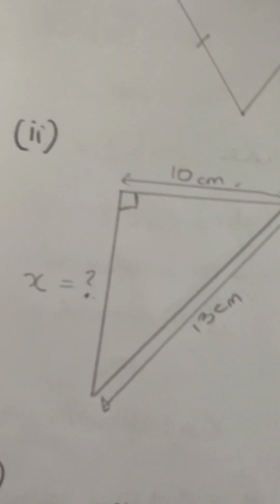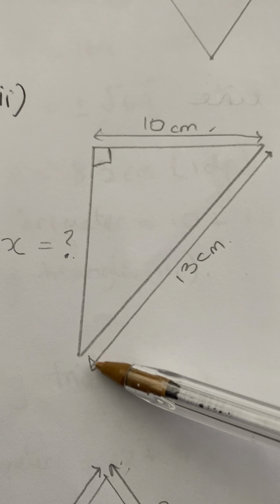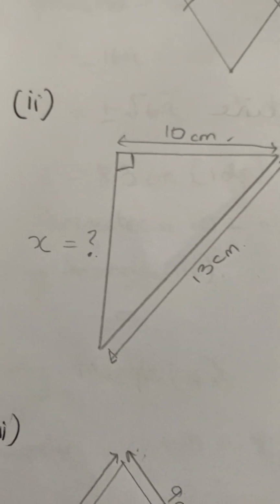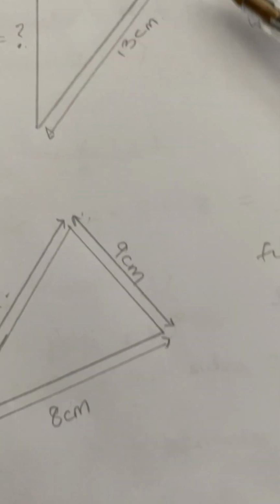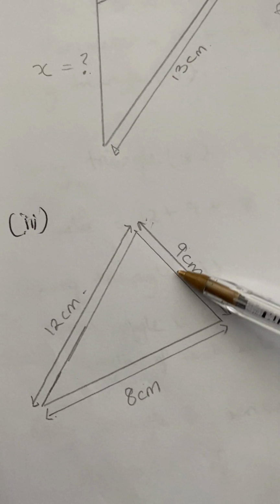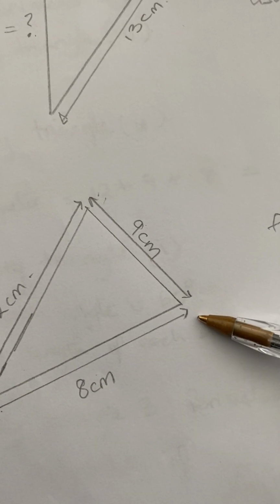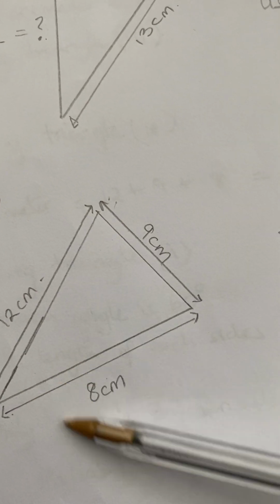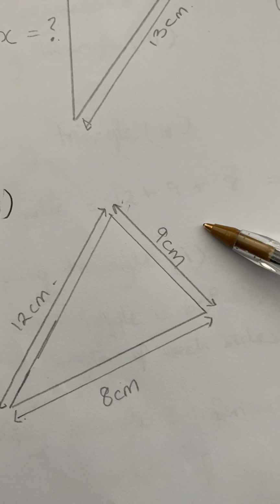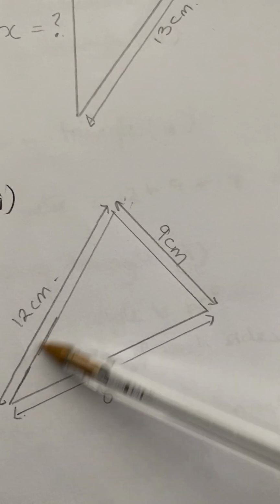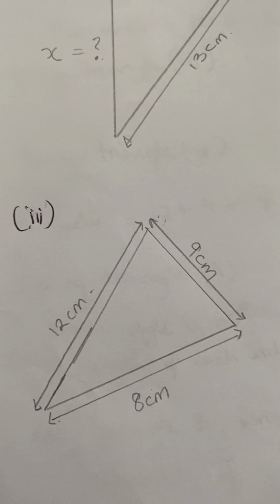This one, the third one, we've already been given the three sides. So we can find out if the perimeter is less than 30 by adding the three sides. So I'll show you how I worked it out.